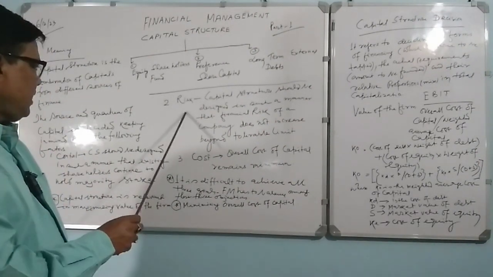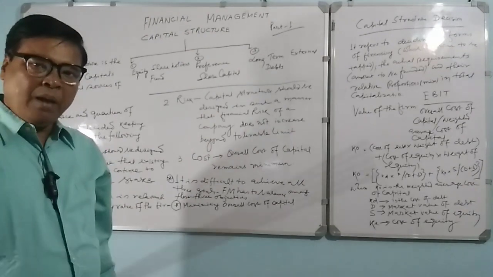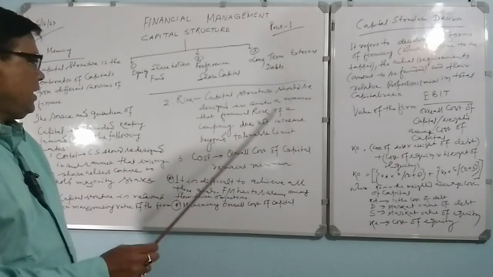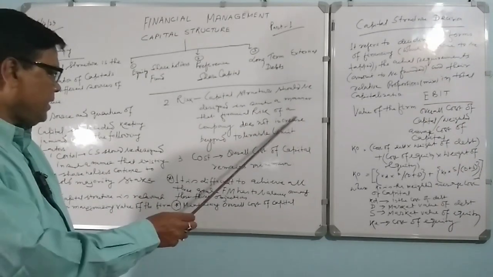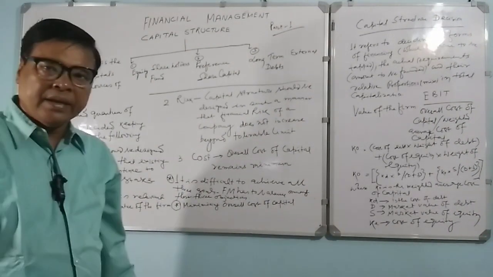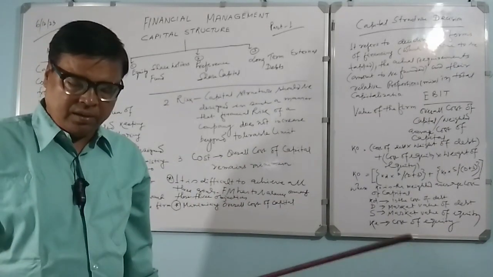Second is risk. In business, at every point there is risk. So capital structure should be designed in such a manner that the financial risk of the company does not increase beyond the tolerable limit.